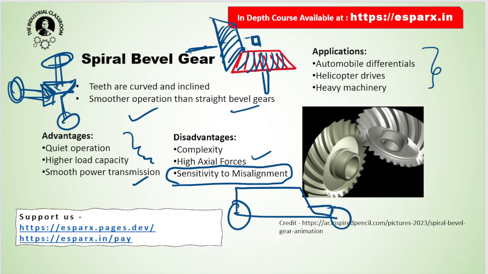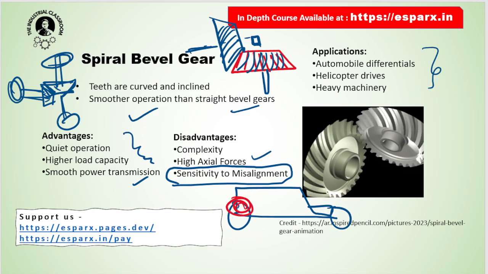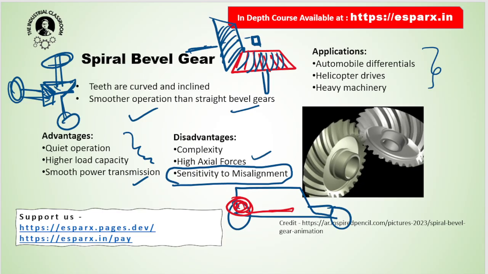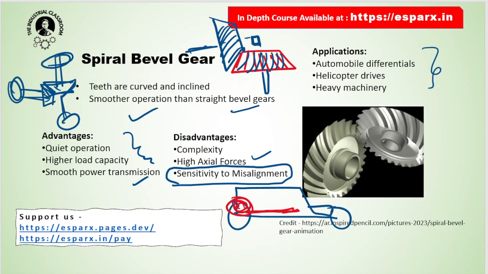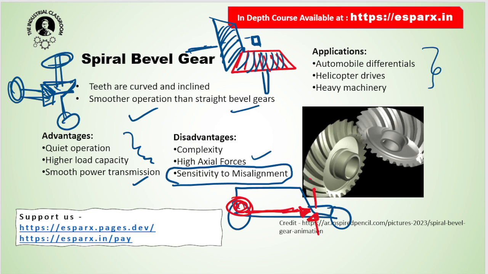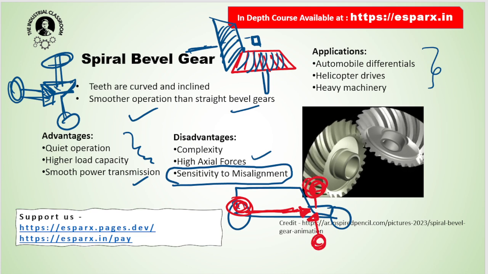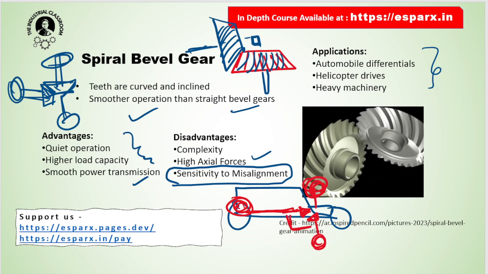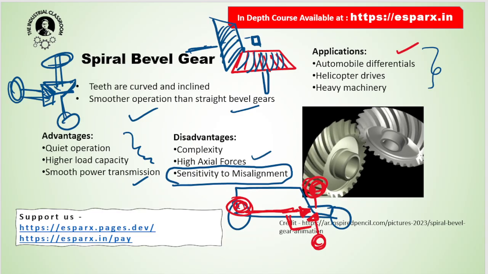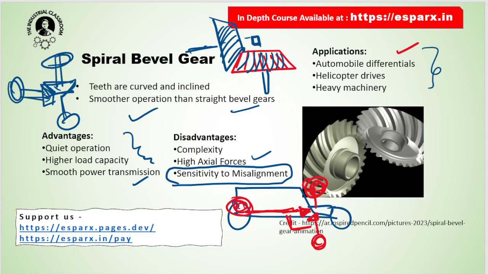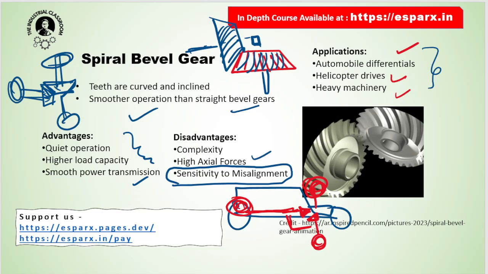Let us take this vehicle here. Here is the motor, and it is rotating the shaft here. Here there is a bevel gear, here another bevel gear, and these are transmitting to two wheels. So at 90 degrees you can see the transmission is there, and therefore in automobile differentials this type of gears are used, and also in helicopter drives and heavy machinery.